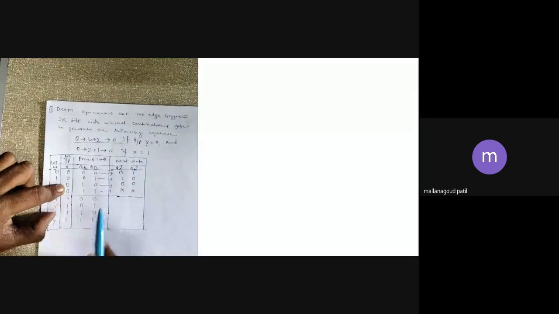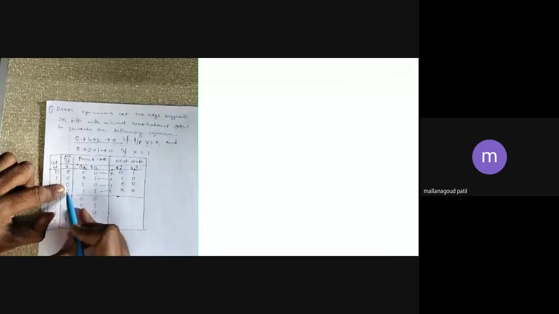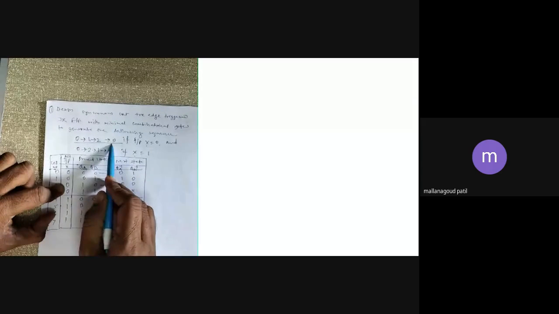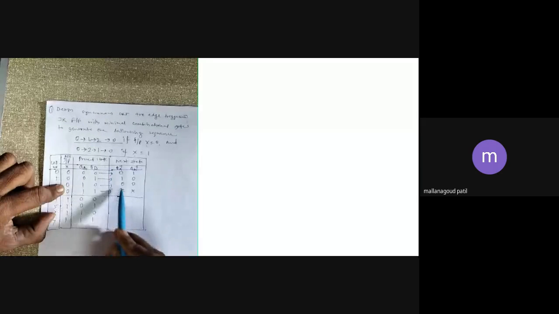Do you have any doubt here? Because one example will clear everything. Present state you know, actual input you know. For the x equal to 0 cases you can take the count: which one starts first and what will be the next count? You have to fill up from the first present state to the next state. Is this box okay? Yes, sir.